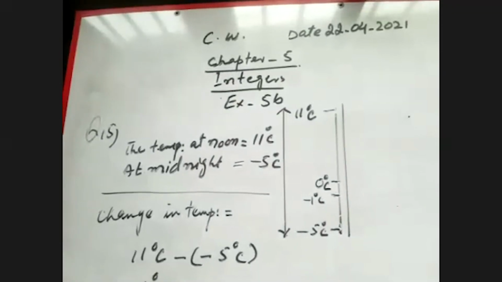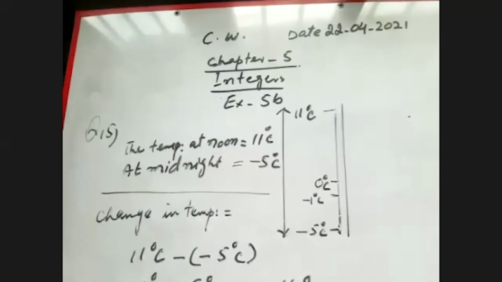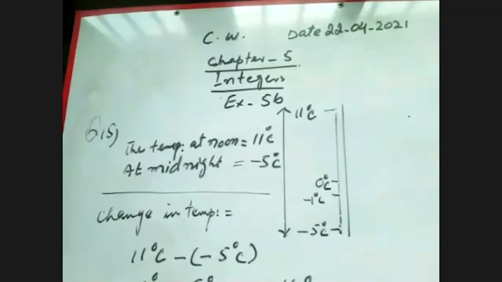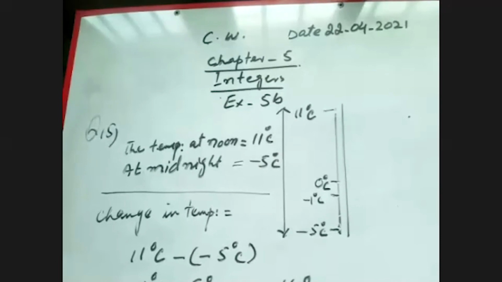So 11 degrees centigrade plus 5 degrees centigrade. The total change in temperature is 16 degrees centigrade.